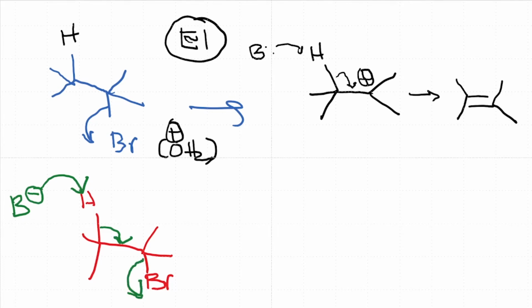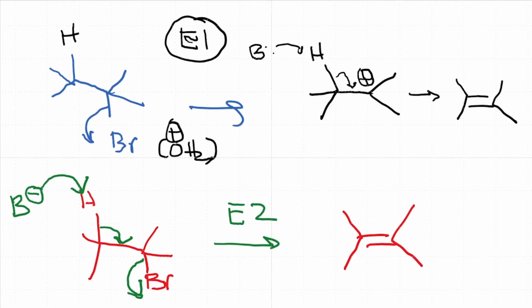So there are similarities in the two mechanisms, in that there's going to be a loss of the bromide and abstraction of H plus. But this is a concerted step, so that means the complete mechanism happens in one step. And this gives you the eliminated product as shown here.